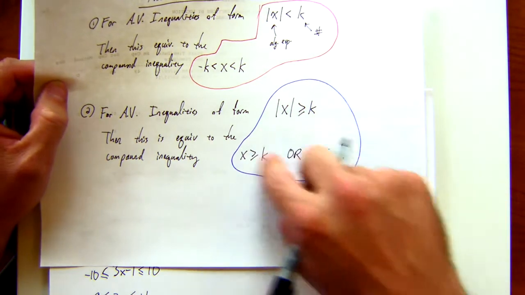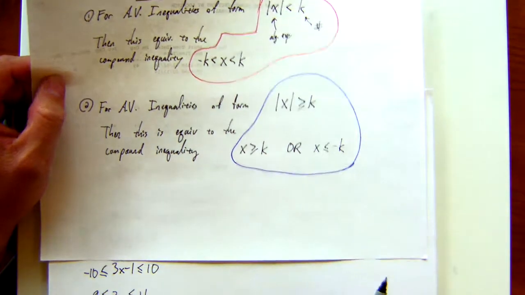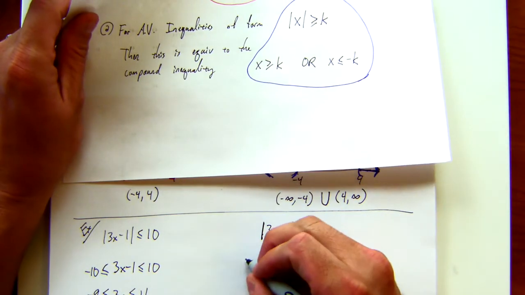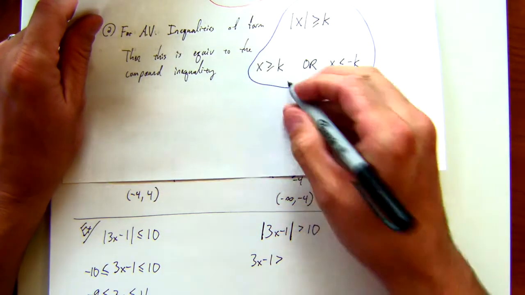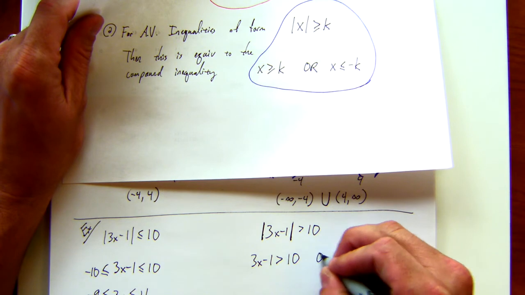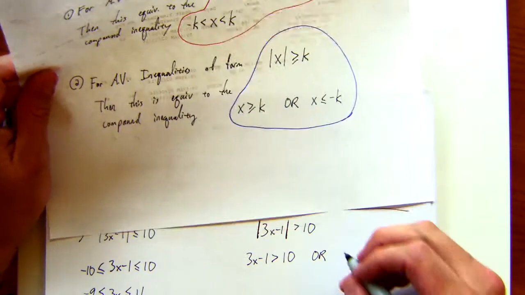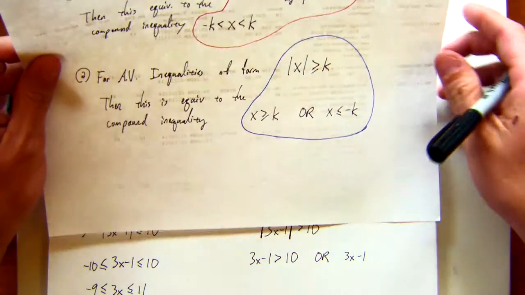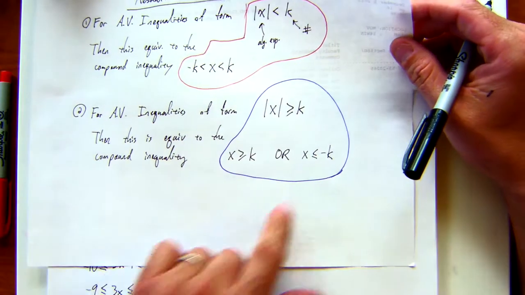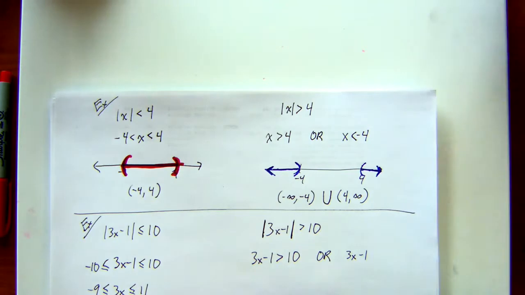So I'm going to write these two inequalities. So I have 3x minus 1 is bigger than 10, or 3x minus 1 is what? Less than negative 10.